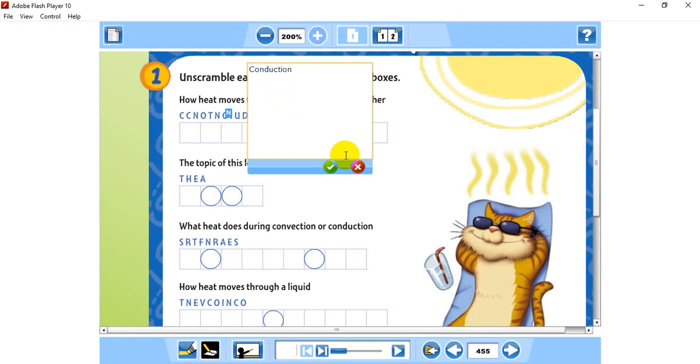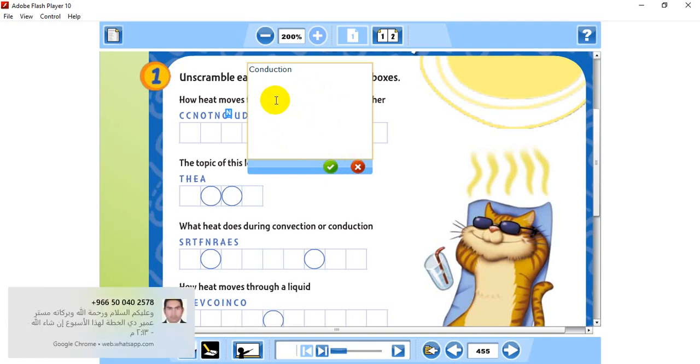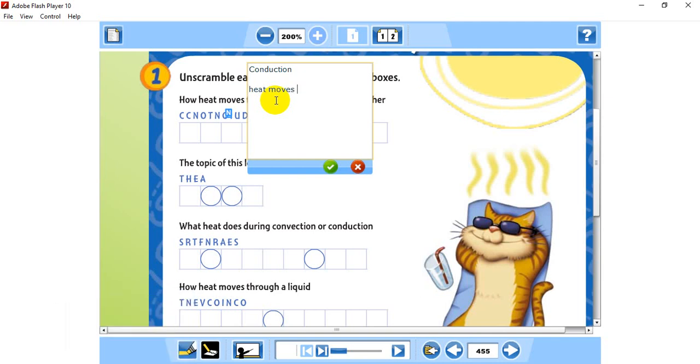When heat moves from one object to another, from the warmer object to the cooler one, that's what I mean.